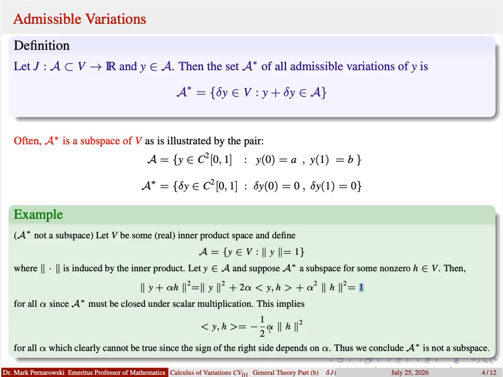Now, for some alpha this will be positive, and for some alpha this right side will be negative. That can't be. That says that the inner product of a fixed y with a fixed h can be both positive and negative. That's a contradiction. Therefore, these sums cannot be in this set anymore because they can't have unit length.